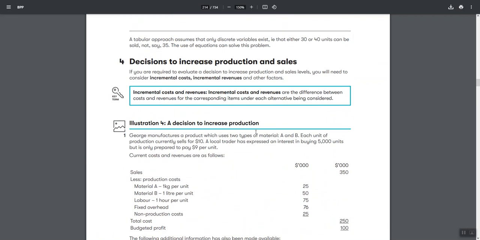Sometimes what happens is our current capacity is lower than demand, so we might be able to increase our capacity. If demand is lower than our capacity, then there is no point in increasing capacity. So this is a situation where our demand is higher than our capacity. We want to know whether it is a good idea to increase our capacity or not.